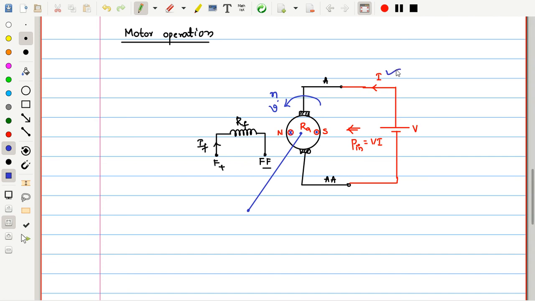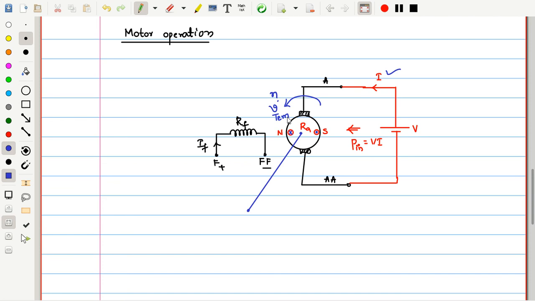Just try to understand this, very important. So these N and S are the stator north and south pole. Under the north pole the current is going into the board, where here current is coming out of the board. Now, if the machine is rotating in counterclockwise direction, remember that here it is a little bit different operation, that the torque produced by this armature on the armature we call electromagnetic torque, TEM. Reverse.